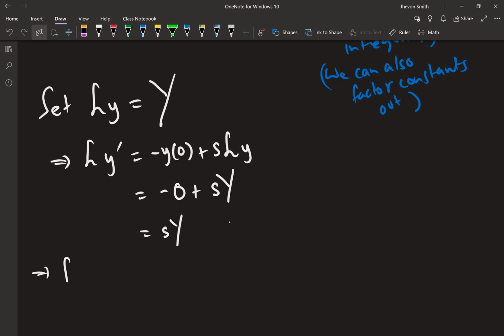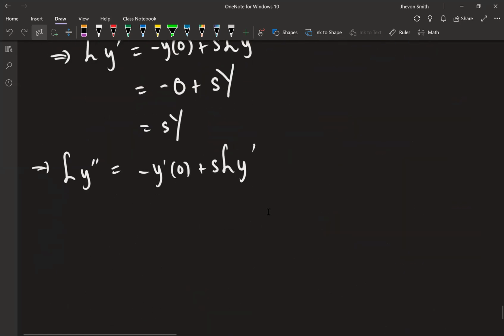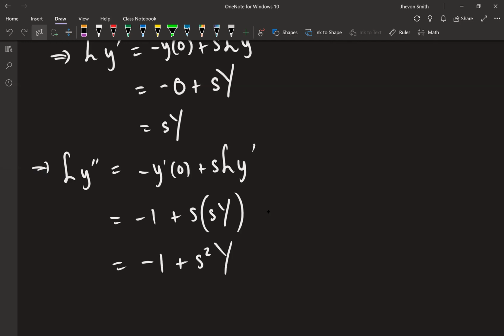Now I can find the Laplace transform of y double prime: minus y prime of 0 plus s times the Laplace transform of y prime. Y prime of 0 is 1. So I plug that in. The Laplace transform of y prime was s times big Y. So this is minus 1 plus s squared times big Y. Now, the Laplace transform of 0 is 0.